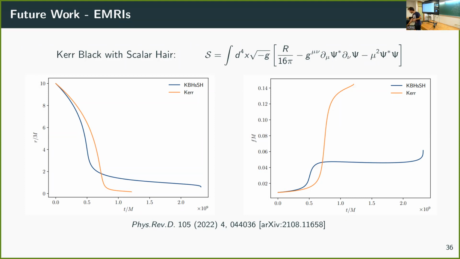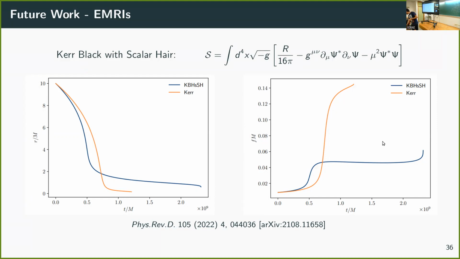Mainly, if you do the time evolution of the radial coordinate, you can compare the hairy solutions with Kerr, and you can see that it's quite different. Mainly, the frequency of the gravitational wave for Kerr always increases, as expected. You expect the frequency to increase and to have the chirp.